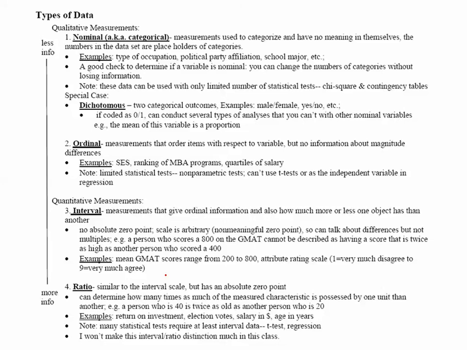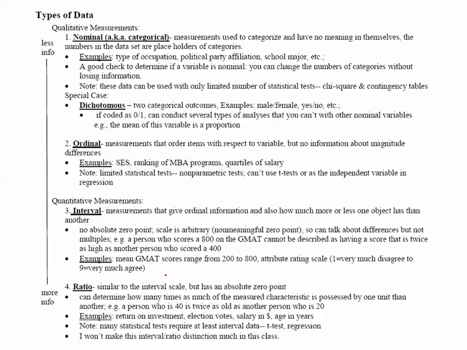Great example for a categorical variable is that question they always ask on surveys. What is your race? Race is a categorical variable because you wouldn't say one race is better than the other, unless you're a racist. But there's really no order to those. They're just place fillers. Now we can use categorical variables and we can create dichotomous variables.